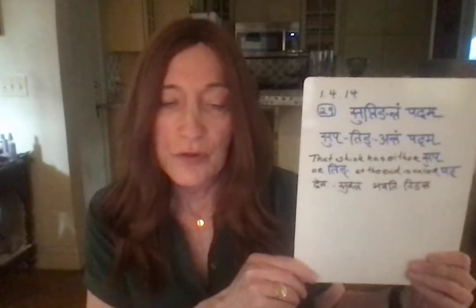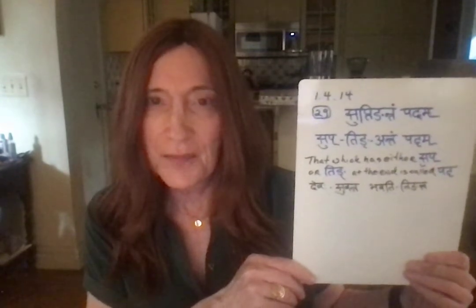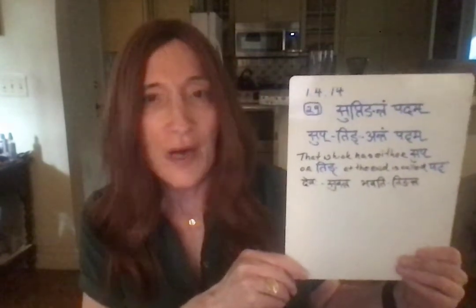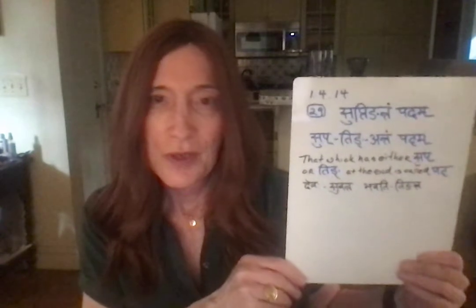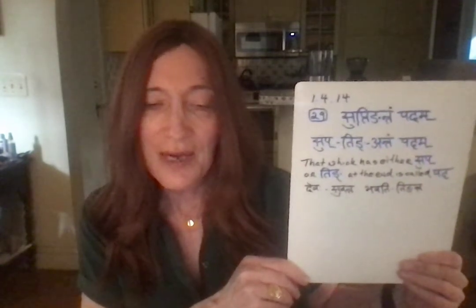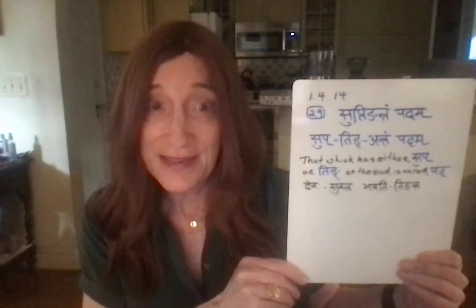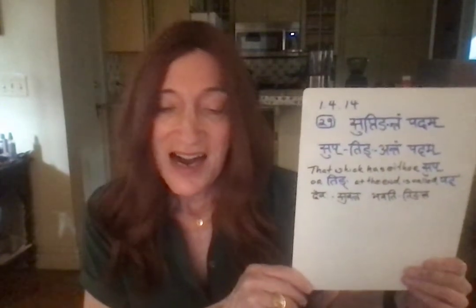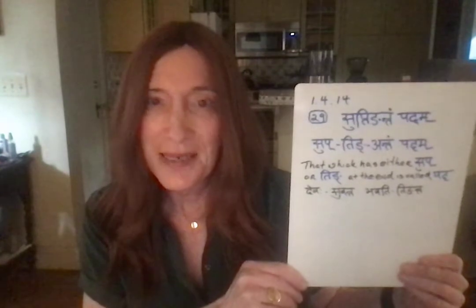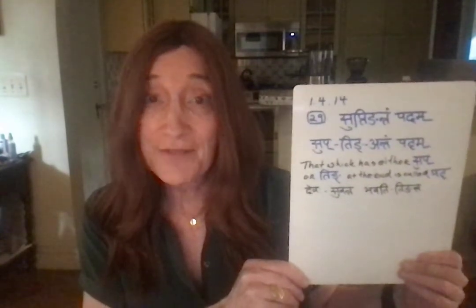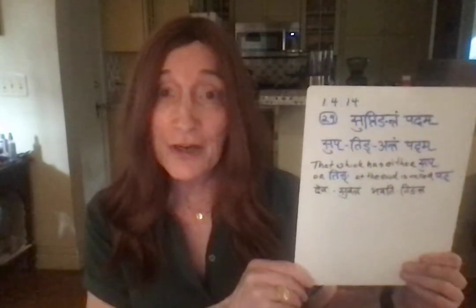So Supting Antam, the compound, would mean those who have four endings, sup or ting. Those who have four endings, either sup or ting, at the end, are called pada. So this is the definition of pada, word.